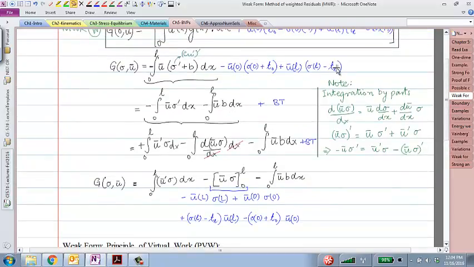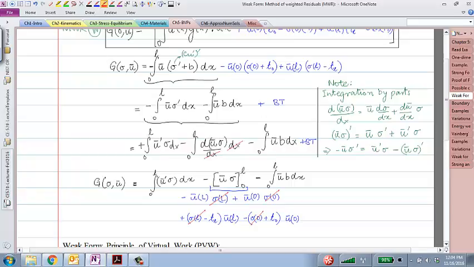Right? You can clearly see that I can cancel off some things here. So minus u bar L times sigma L gets rid of these two terms. Correct? And sigma 0 here cancels off.